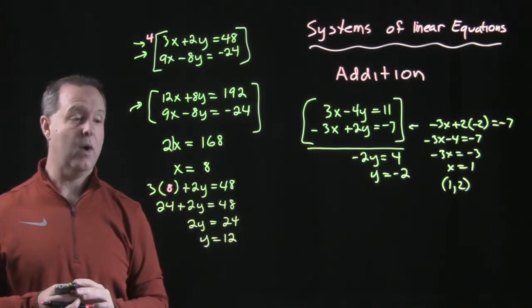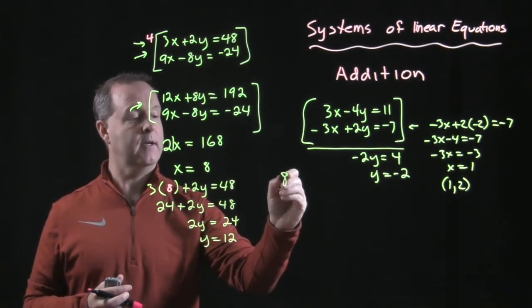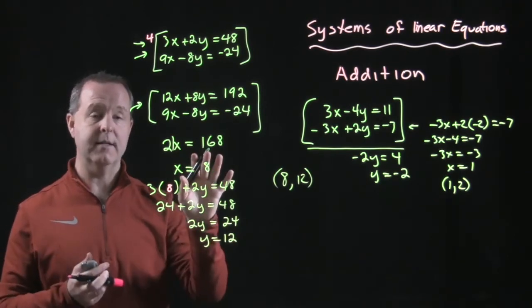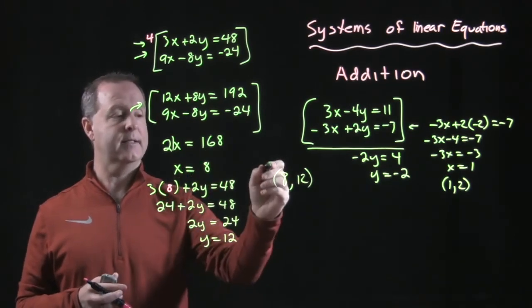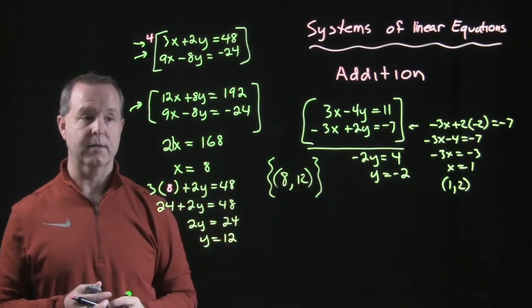And I get a value of 12. My solution set then is the coordinate point (8, 12). The parentheses tell me in this context it's a coordinate point. Sometimes I'll put it in set builder notation, which will put the set braces around it as well.